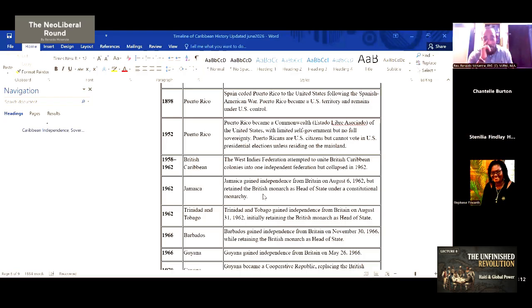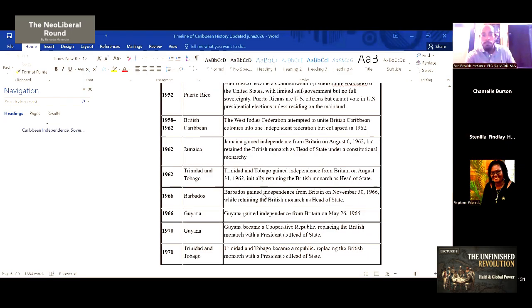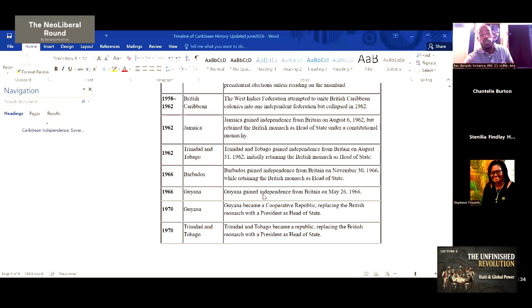1962, Jamaica gained independence from Britain on August 6, 1962, but retained the British monarch as head of state under a constitutional monarchy. 1962 again, Trinidad and Tobago gained independence from Britain on August 31st, 1962, initially retaining the British monarch as head of state.